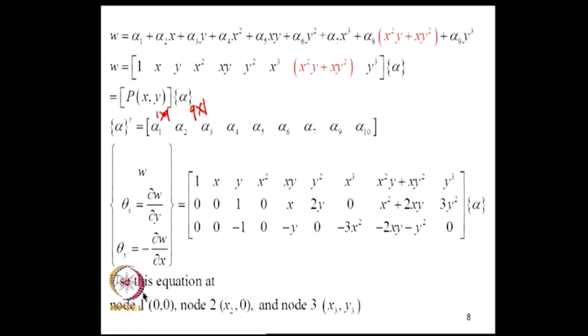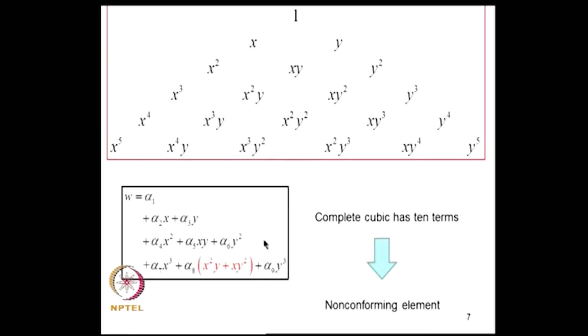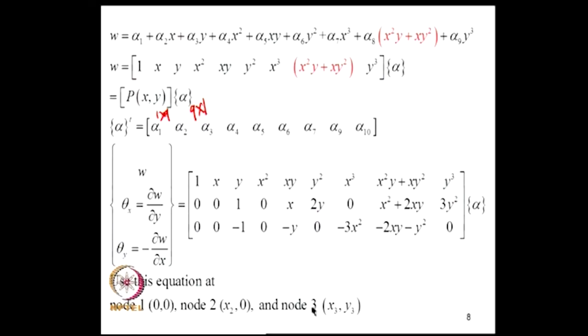Now, what we do is we use this equation at node 1 with coordinates 0 0, node 2 with x 2 0, and node 3 with x 3 y 3, and determine alpha. So, we have to first determine these polynomials, the shape functions.